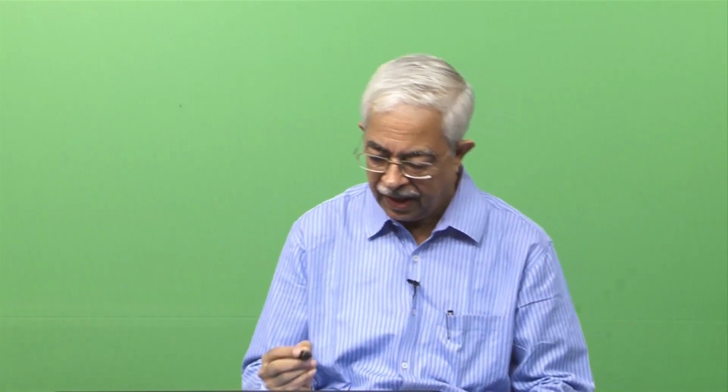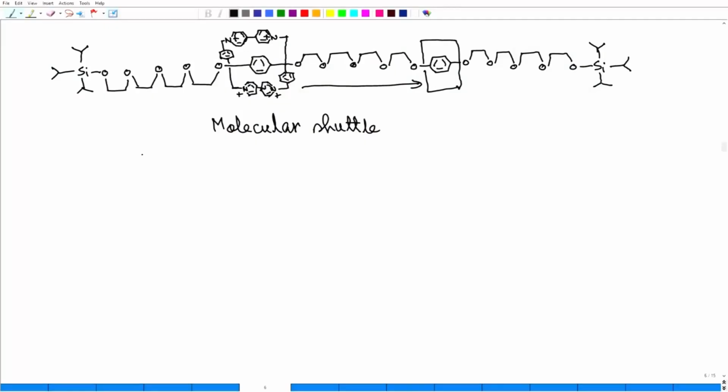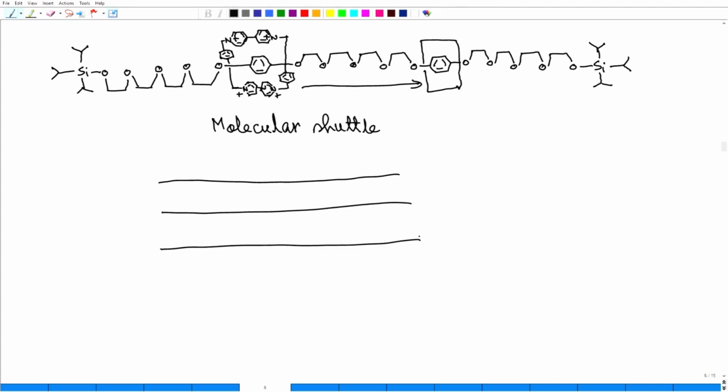Similarly, many molecular machines can be built with rotaxane. Suppose I have a polyrotaxane, like the one I gave you, and I put one macrocycle here, another macrocycle here, another here. They can be either here or here.